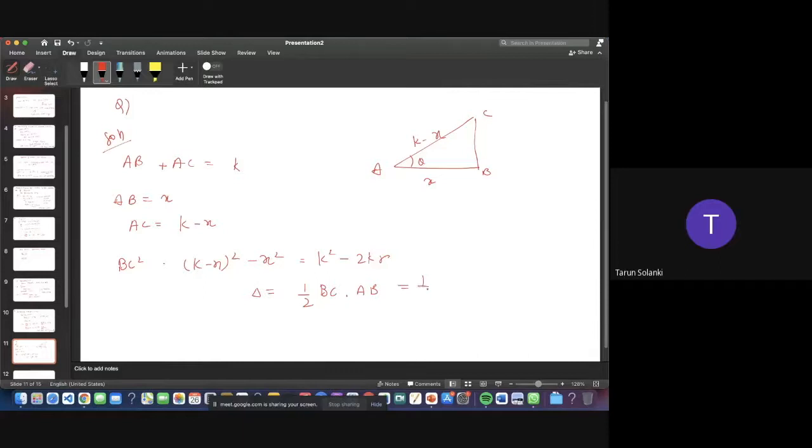So it will be half into under root of k square minus 2kx. So let z is equal to delta square, which is 1/4 x square (k square minus 2kx). So finally it will be 1/4 of (k square x square minus 2k x cube).